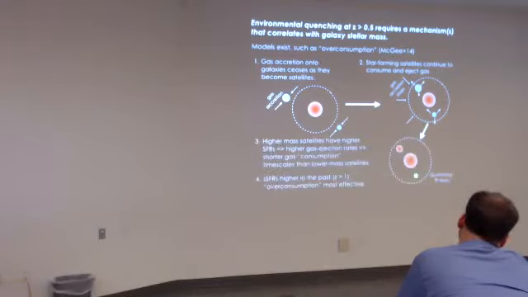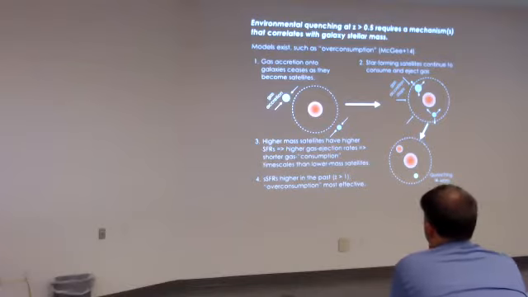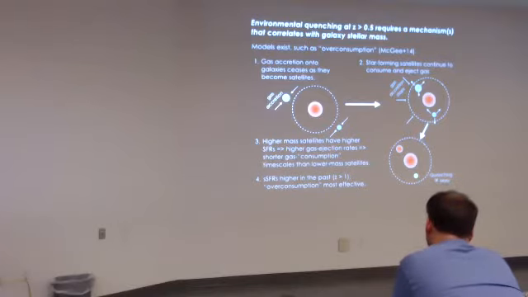Then the third step of this model is that the higher mass satellites, because they have higher mass, have higher star formation rates. Remember, there is a star-forming stellar mass main sequence. The higher stellar mass satellites have higher star formation rates, which drive higher gas ejection rates, and this leads to a shorter gas consumption time scale.